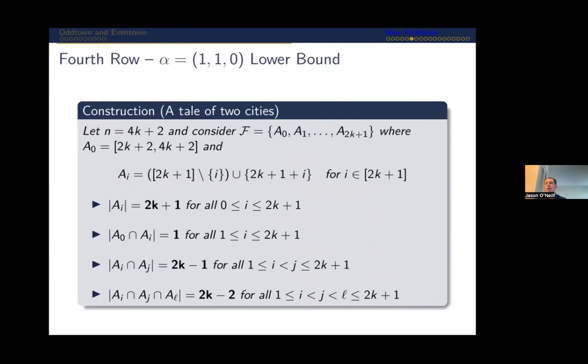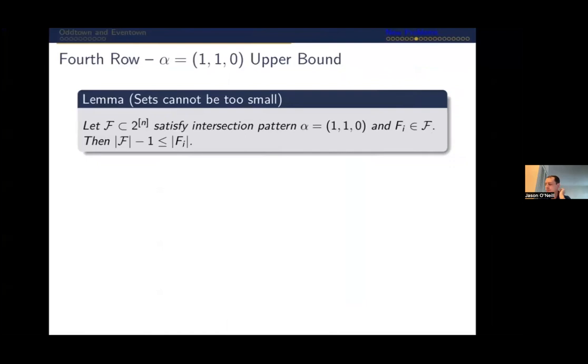Okay, so this is a construction, and what the construction suggests is if I have such a family, all the sets are going to have size roughly the ground set over 2. And this is sort of exhibited in the proof of the upper bound. So to prove the upper bound, we're going to prove 2 lemmas. The first I call the sets cannot be too small lemma. I start off with an arbitrary family that's going to satisfy that intersection pattern.